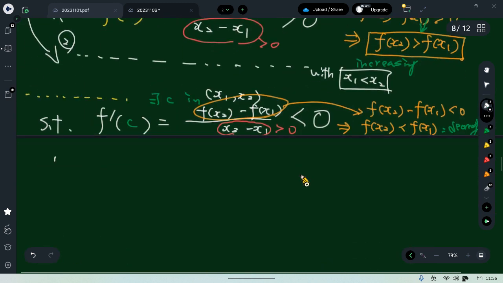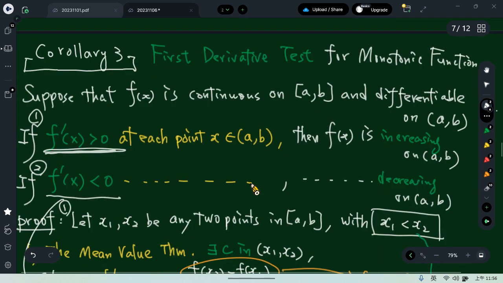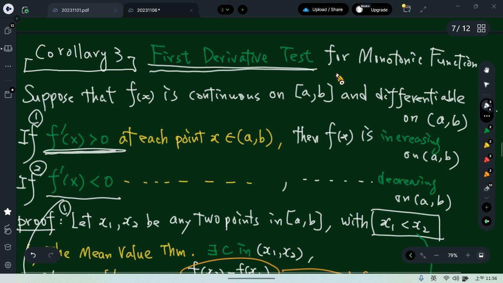For example, f of x is equal to x cubed minus 12x minus 5. This is the original function, right? This is the first derivative test, so we need to calculate its first derivative.